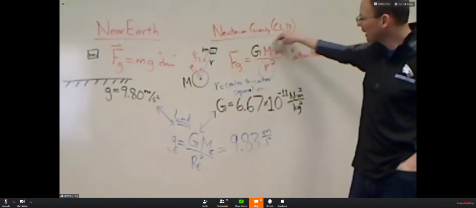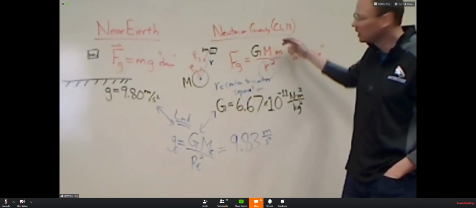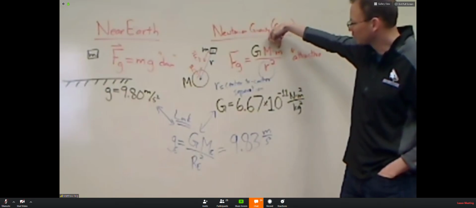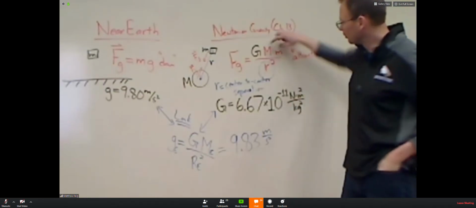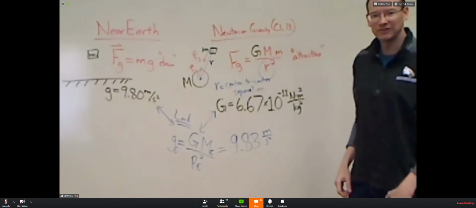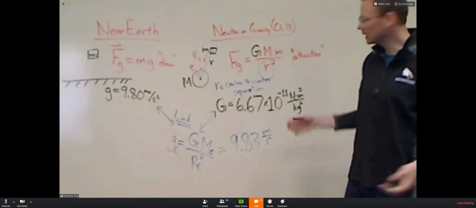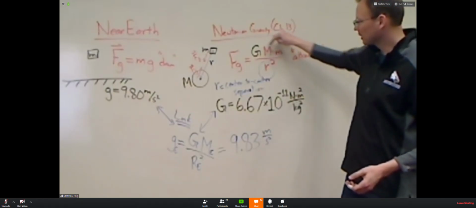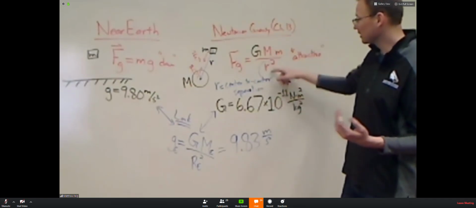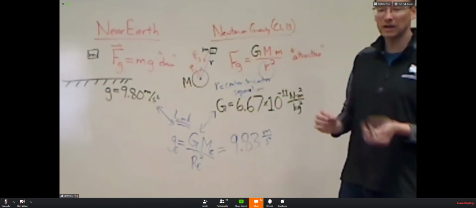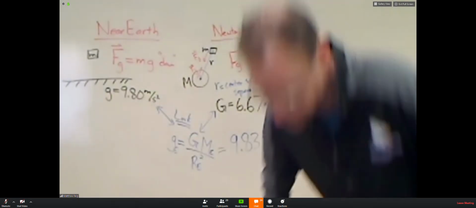Do they both have to be humongous masses? No, it could be mass of Earth and mass of person, and one of the two needs to be enormous. Because if both the masses are around 5, 10, 15, 100 kilograms, then you're going to have 100 kilograms times 100 kilograms is 10 to the fourth. You're going to multiply by 10 to the minus 11, divide by something huge, and you're going to get an incredibly tiny force of gravity.